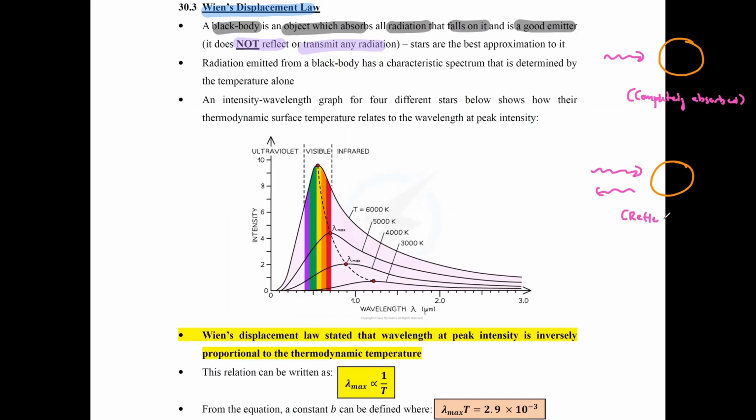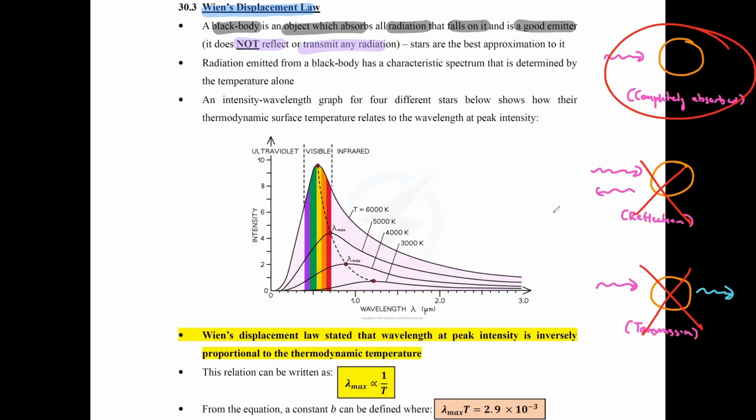And then also, it's not supposed to transmit any radiation, meaning to say if your radiation comes in here like this, it's not supposed to let the radiation pass through it so that it leaves the other end. So here, transmission of your radiation is also not something that your black body is supposed to do. It's only supposed to completely absorb all radiation on it.